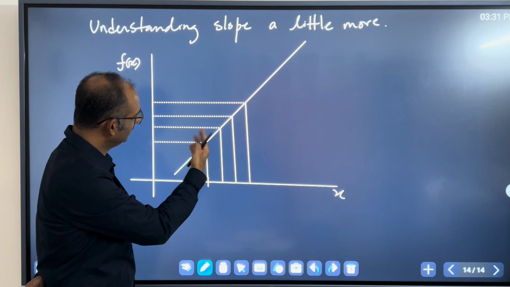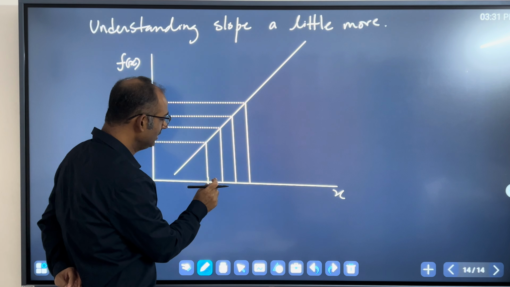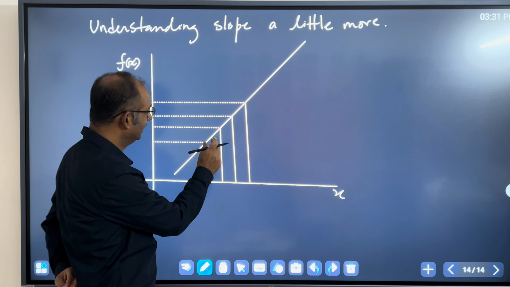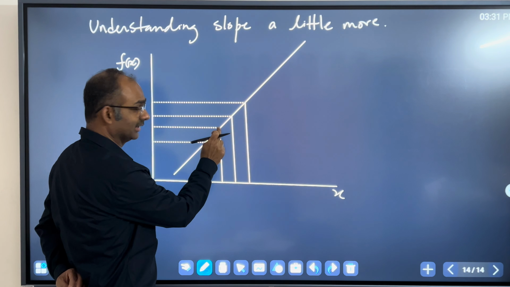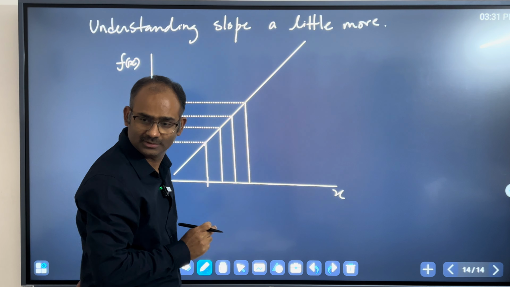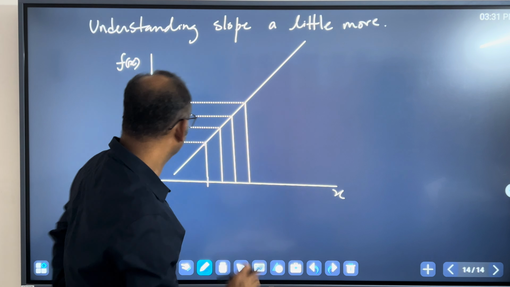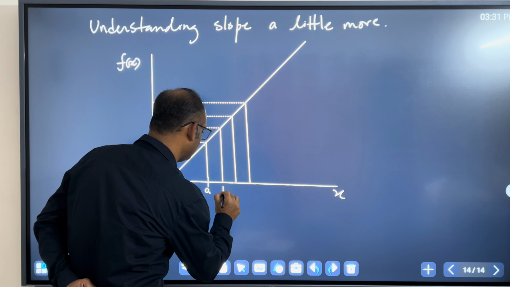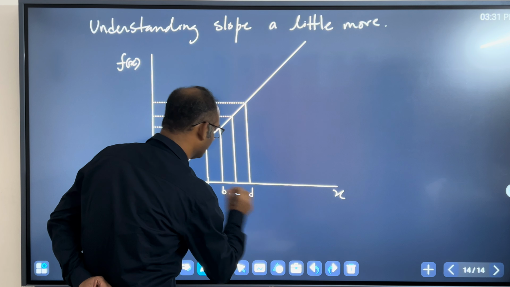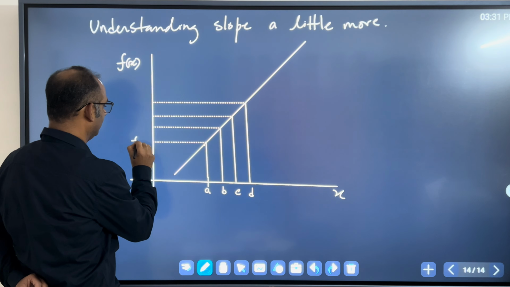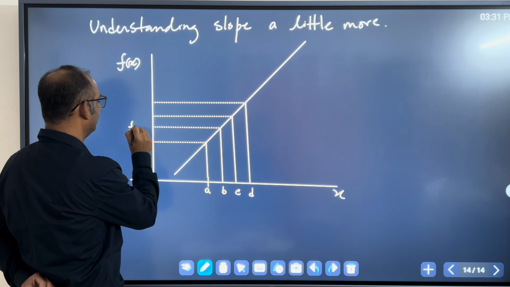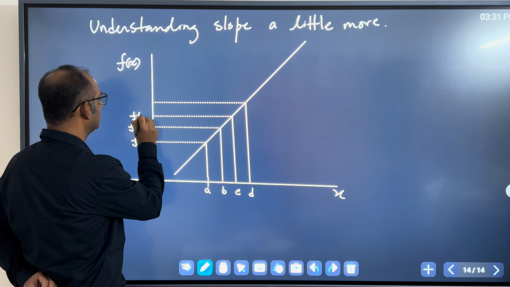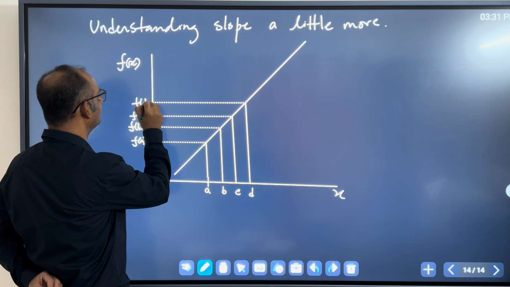Now you can see from here that if you go from this point to that point, the value of the function changes from this to this. The value of the function goes, so let's say this point is A, this point is B, C, D. This is f of A, f of B, f of C, f of D.